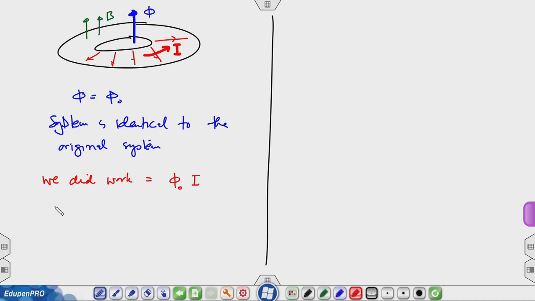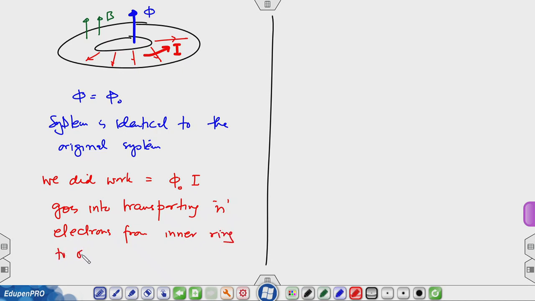This goes into transporting n electrons from the inner ring to the outer ring of the annulus.